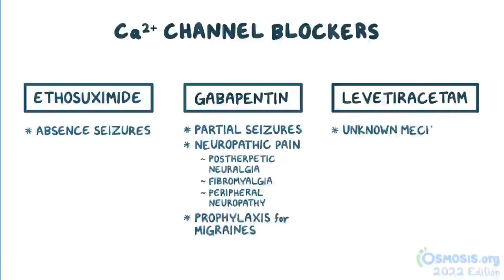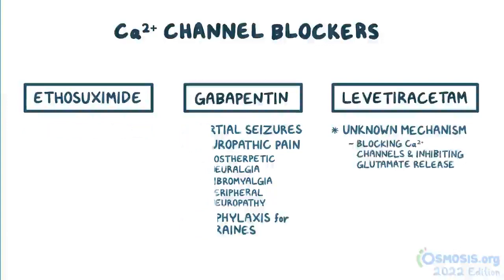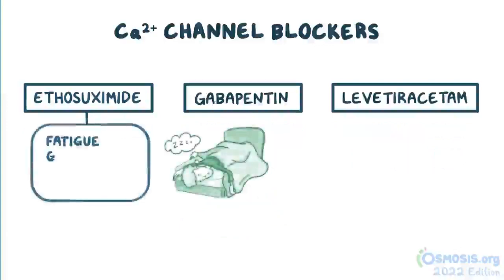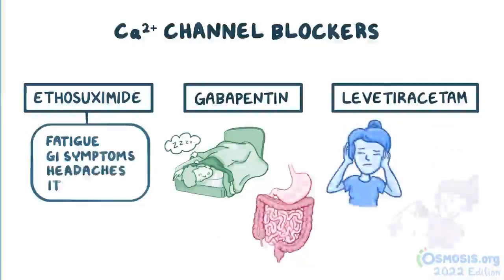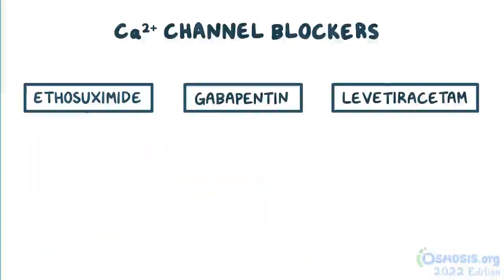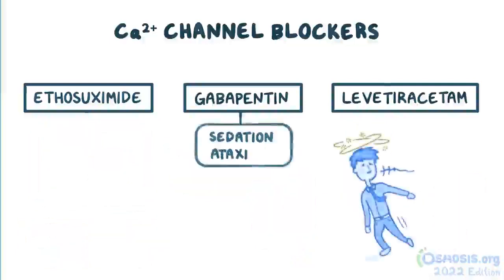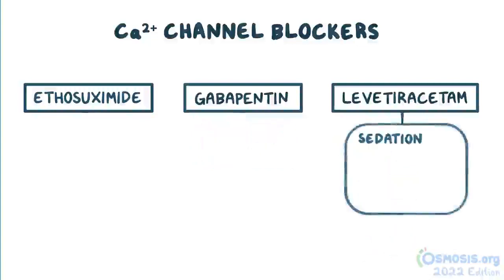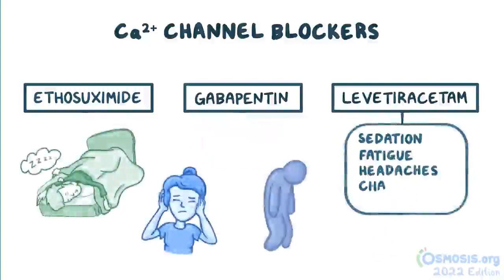Levetiracetam has an unknown mechanism, but research suggests it works by blocking calcium channels and inhibiting glutamate release.